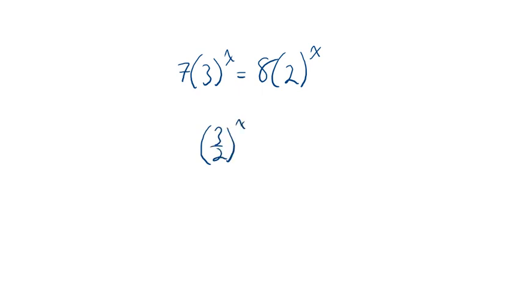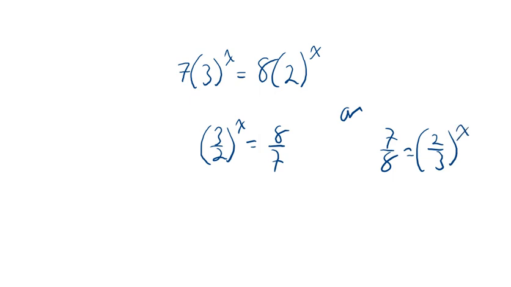Or if you got the exponential stuff on the right side and the constants on the left side, you'd have this. So you can do the log of 8/7 divided by the log of 3/2. Or you get the same answer if you did the log of 7/8 divided by the log of 2/3. Okay. That makes sense.